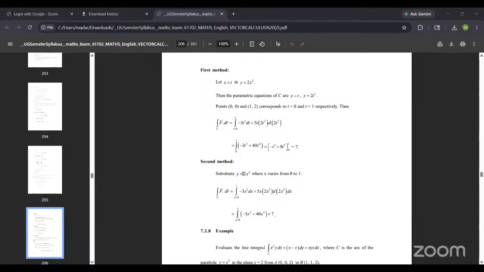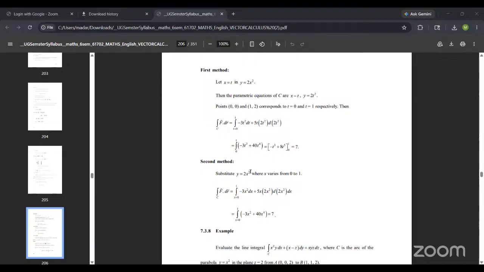Substitute y equal to 2x squared, where x varies from 0 to 1. So integral of f dot dr is x equal to 0 to 1 of minus 3x squared dx plus 5x into 2x squared into d of 2x squared into dx. Now here we are completely in the variable x.